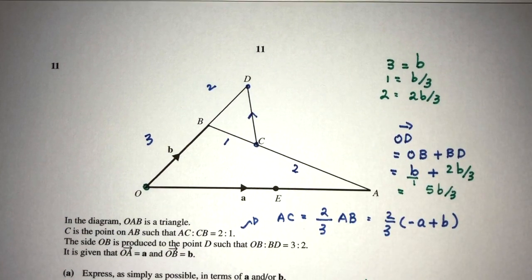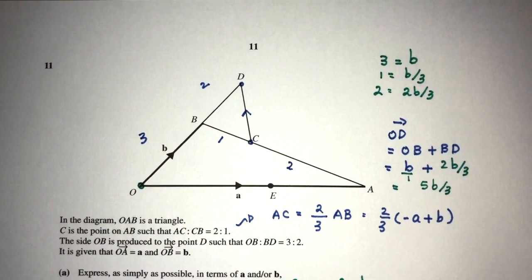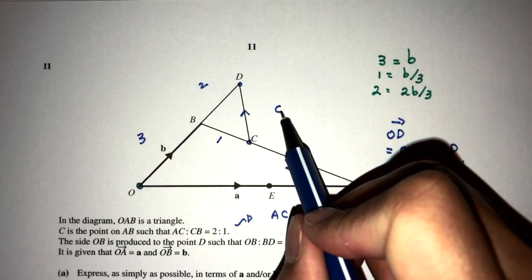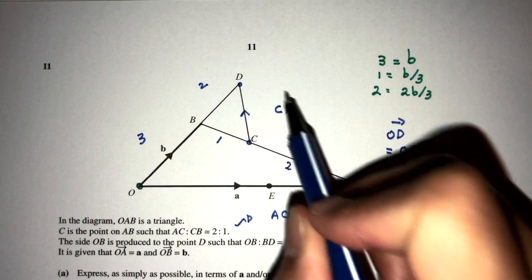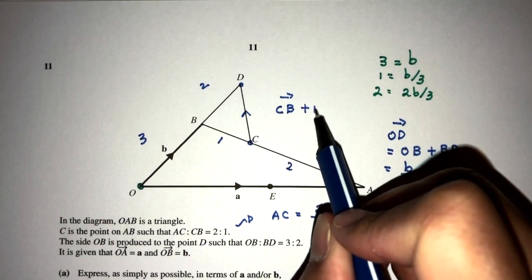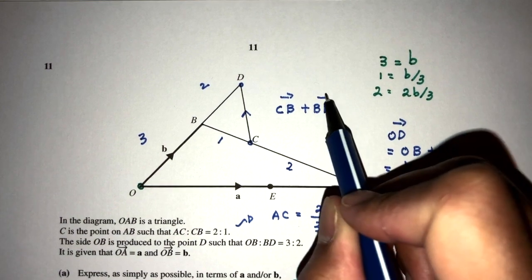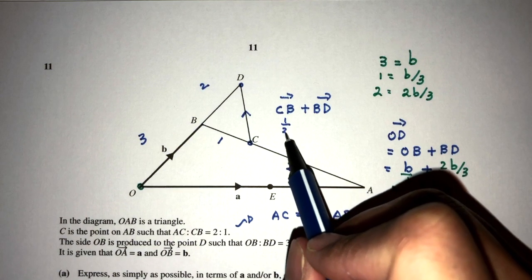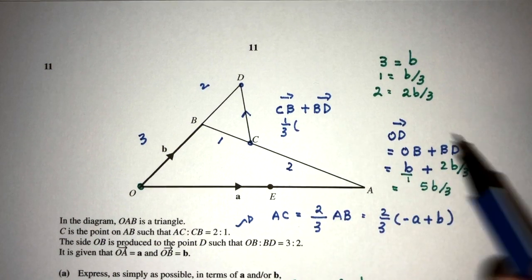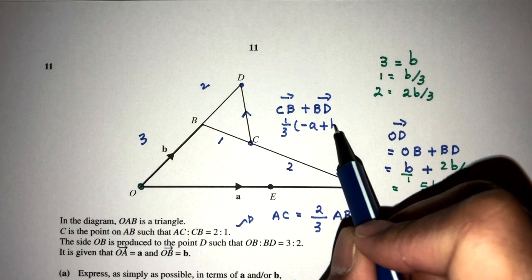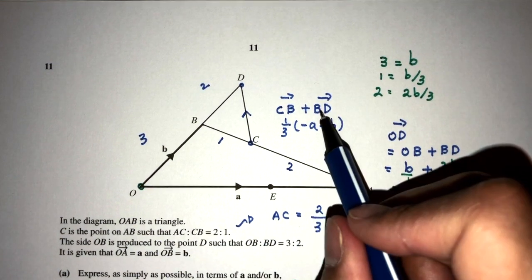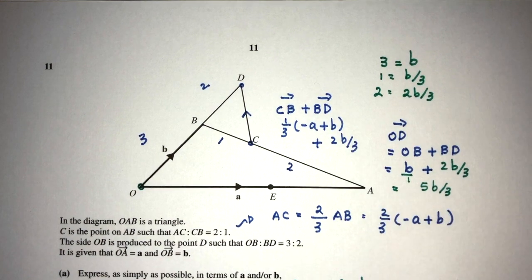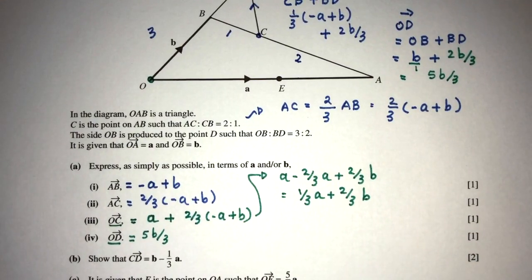So from C, we can first go to B, and then from B, we can go to D. This will be 1 over 3 of AB, which is given to you by minus a plus b, and then BD, as we have seen, it is 2 over 3b.